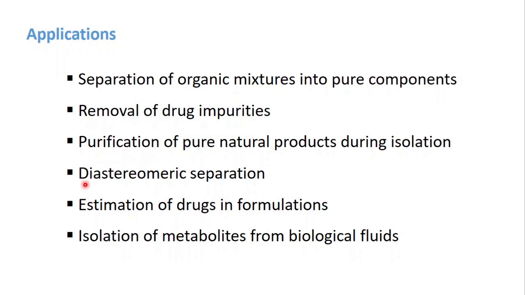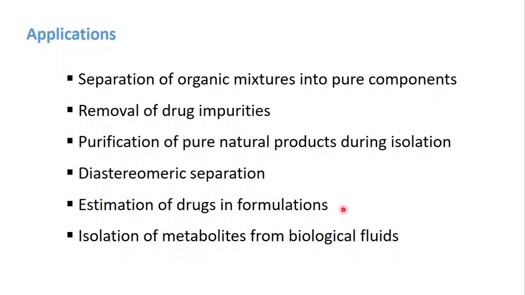But keep in mind, enantiomeric separation is not possible using this column chromatography. Enantiomers, if you want to separate, you need specially designed chiral columns. So it comes under chiral HPLC. It's very costly. One column might cost more than 1 lakh, 1.5 lakh. But diastereomers we can separate here. It can be any cis-trans or any stereo diastereomers. So those you can separate.